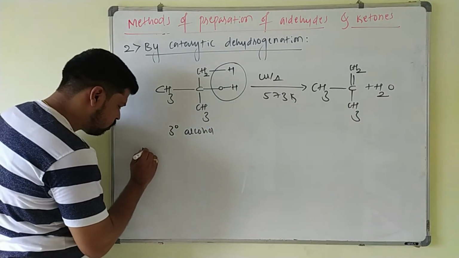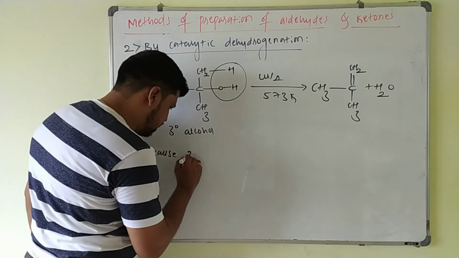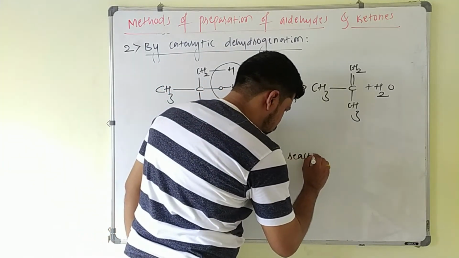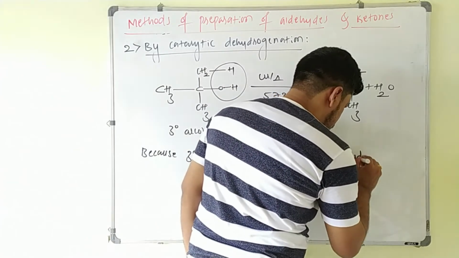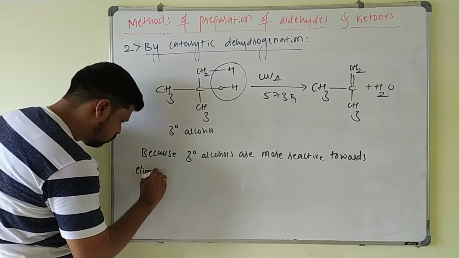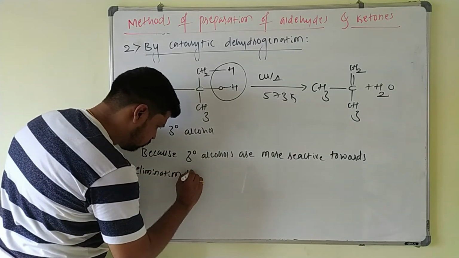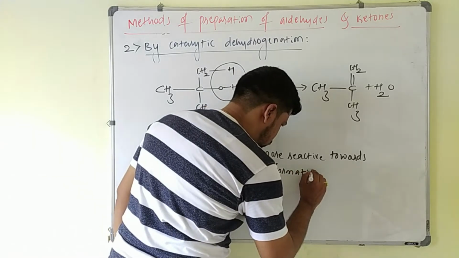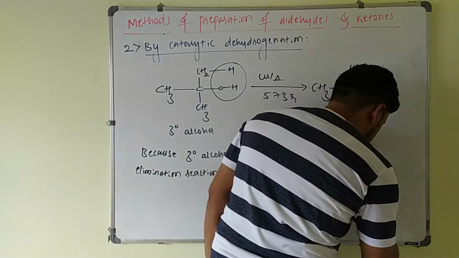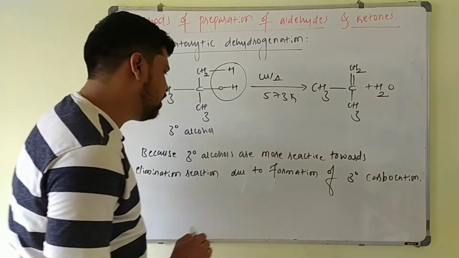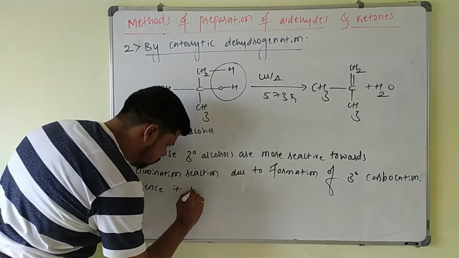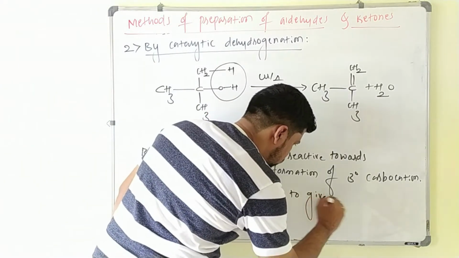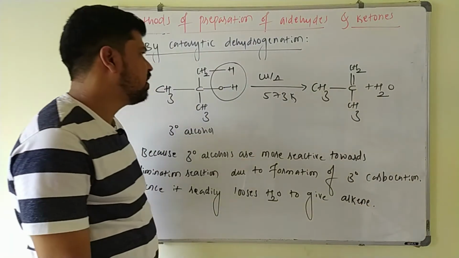Because tertiary alcohols are more reactive towards elimination reaction, due to formation of tertiary carbocation, hence they readily lose water to give alkene. Okay, we'll see the next method.